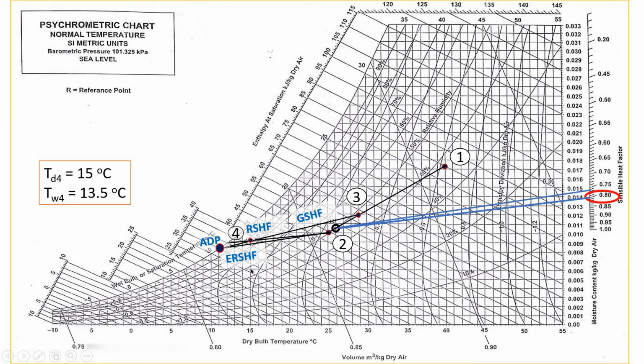Here it is 15 degrees Celsius dry bulb temperature, and the wet bulb temperature is here, 10, then 11, 12, 13 and 14. So it is between 13 and 14, so it is 13.5. And we can calculate the value of reheat by using the enthalpy difference between H2 and H4.